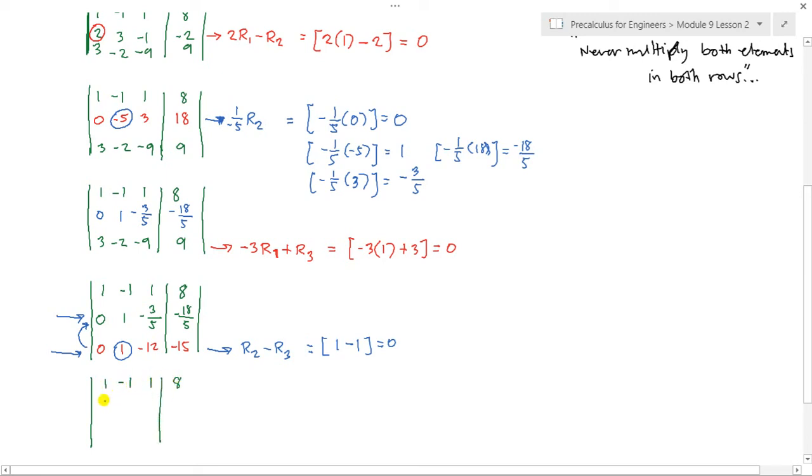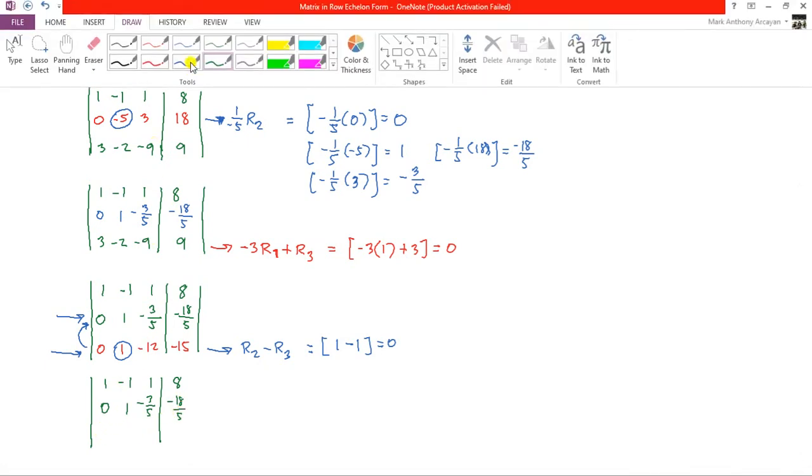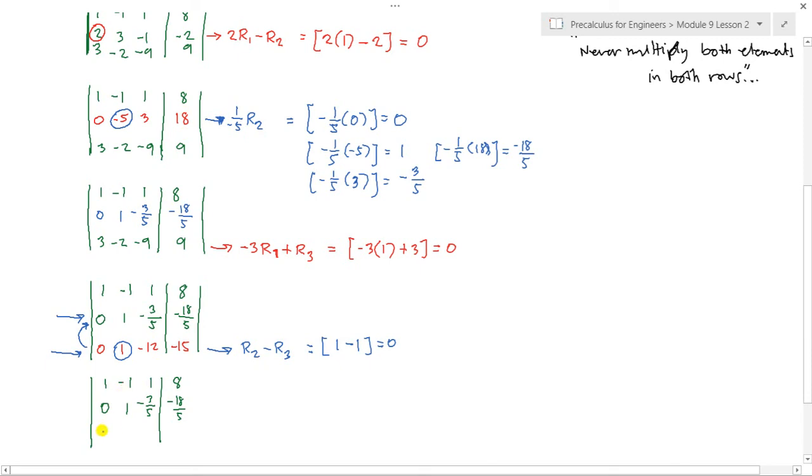Next, this is negative 18 over 5, and this would now be 0. So it becomes 0. And then for the third one, that is negative 3/5 minus negative 12.